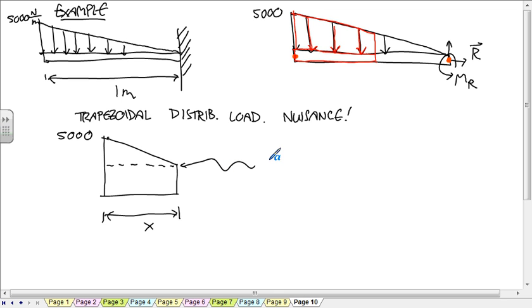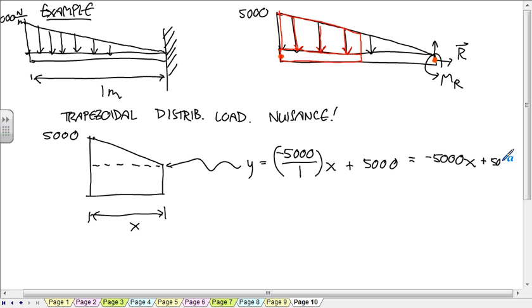And so that is y is equal to, the slope is negative 5,000 over 1, times x, and there's a y-intercept of 5,000. And so here you get negative 5,000 x plus 5,000.